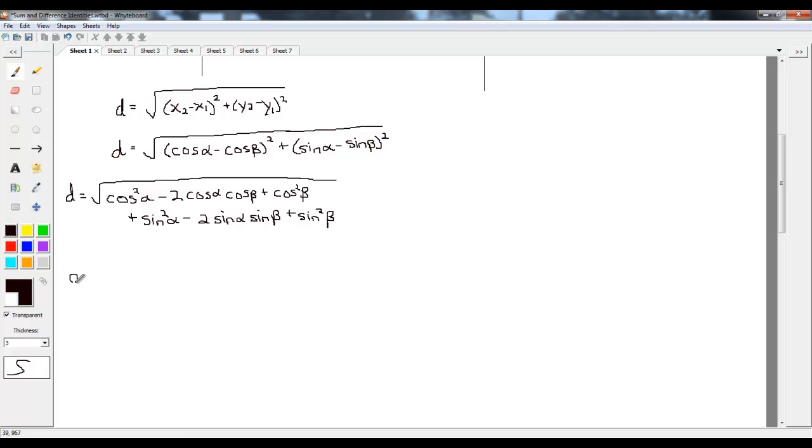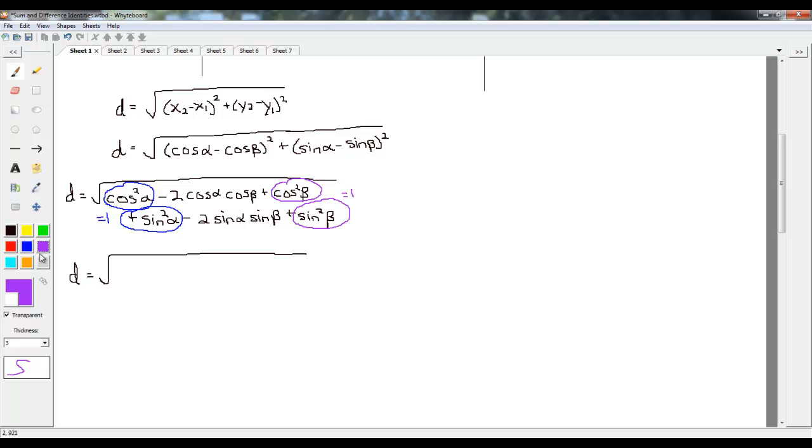All that's underneath the square root sign. So if you do a little simplifying, cosine squared alpha plus sine squared alpha equals 1. Cosine squared beta plus sine squared beta equals 1.